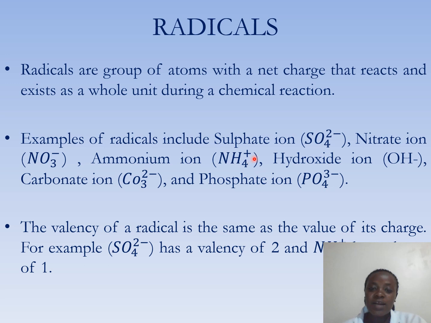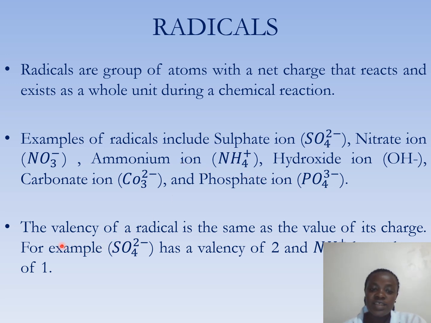So they are groups of atoms. For example, you can see the ammonium ion is a combination of nitrogen and 4 hydrogen atoms to make one unit. It reacts as one unit, not as two.